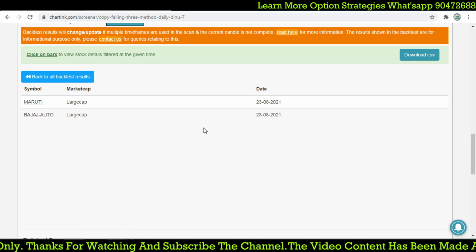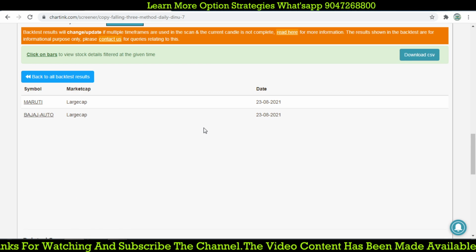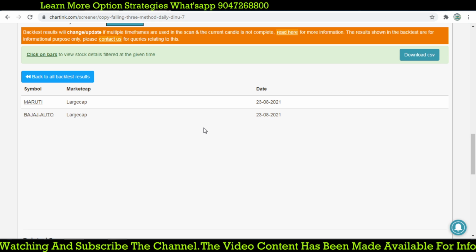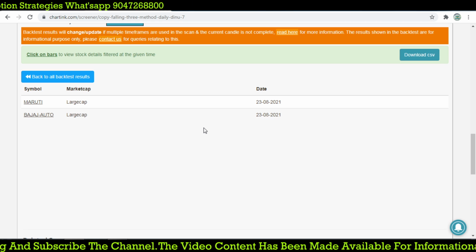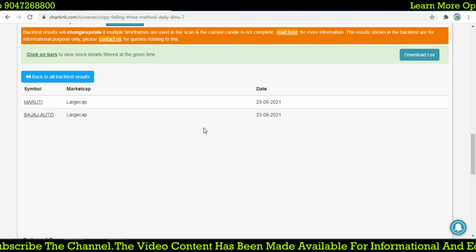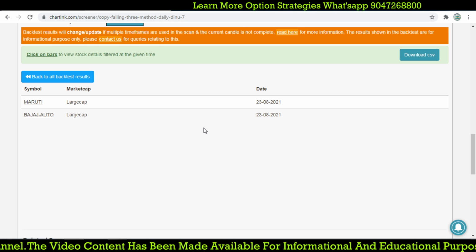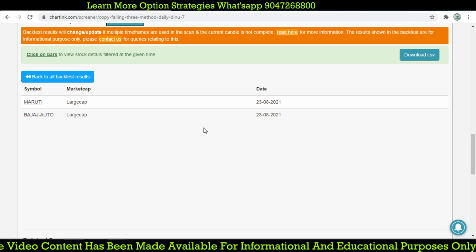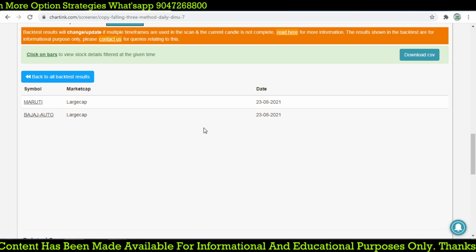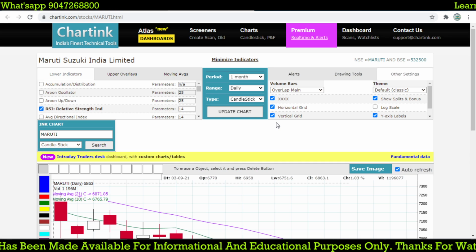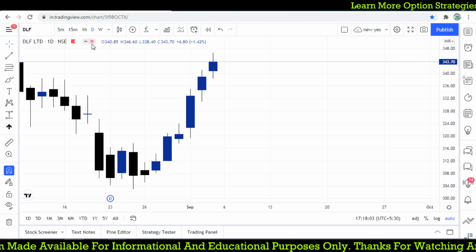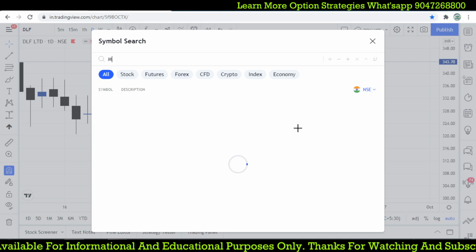The pattern formed in the candlesticks will filter the scanners and screeners, which make our work very easy, right? That is the first important thing, to make a lot of scanners. So let's discuss Maruti. Sorry, here we will open it on TradingView.